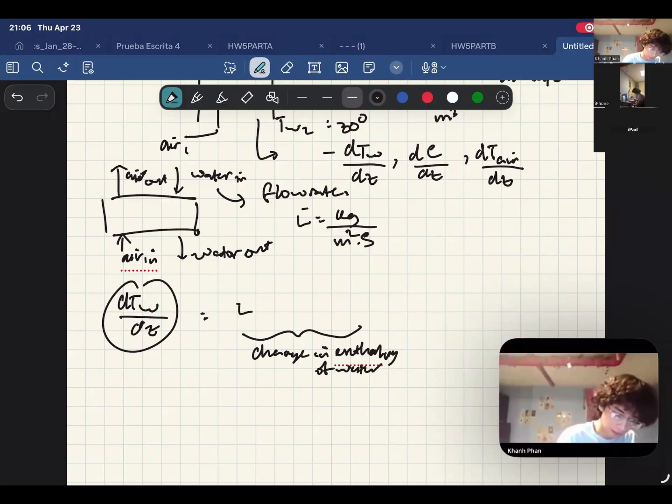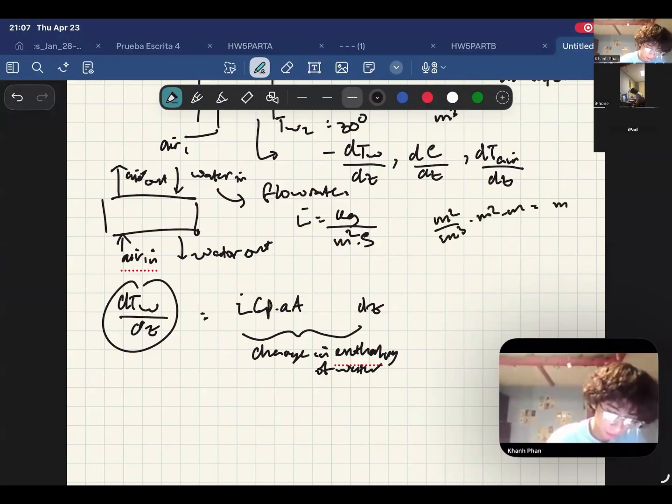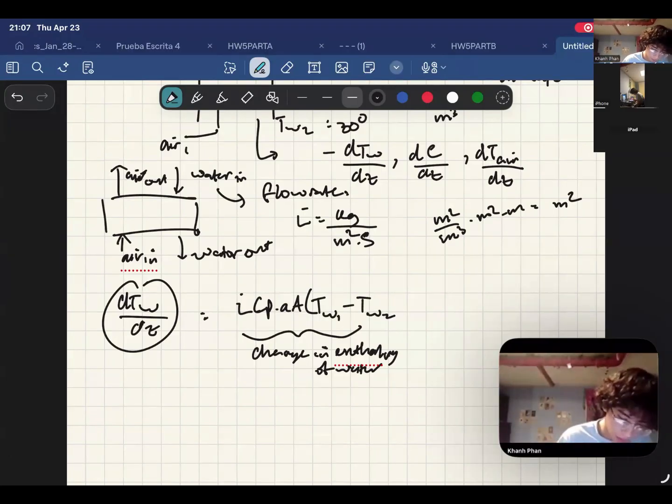It's going to be the mass flow rate times the heat capacity times the area, times T water 1 minus T water 2.